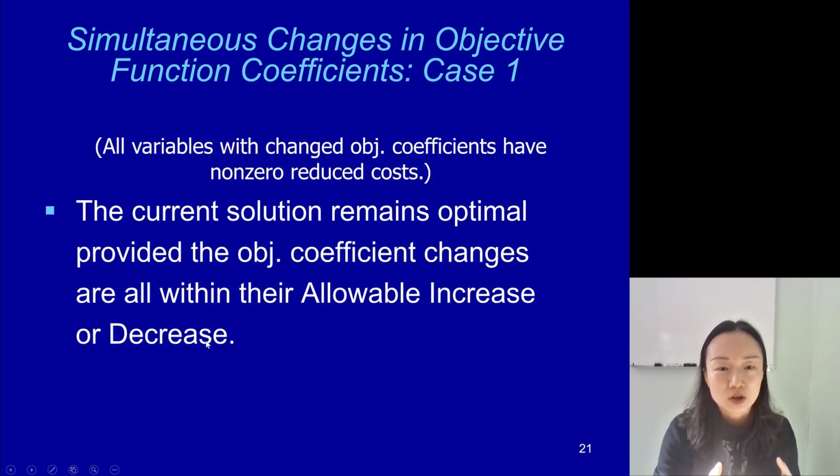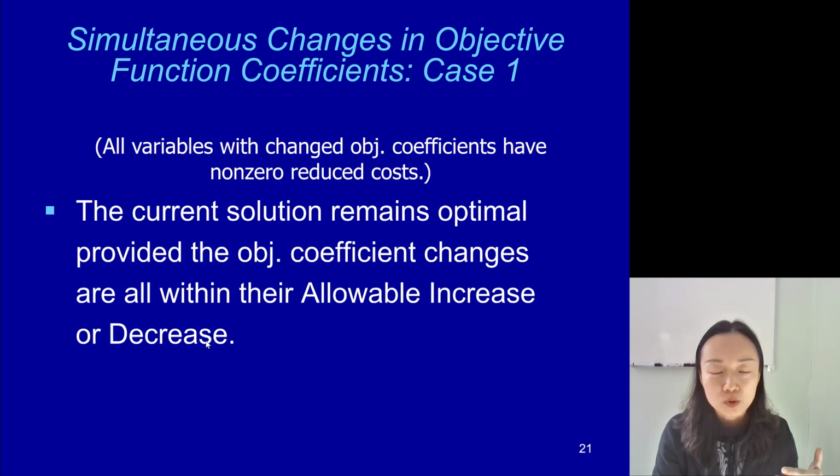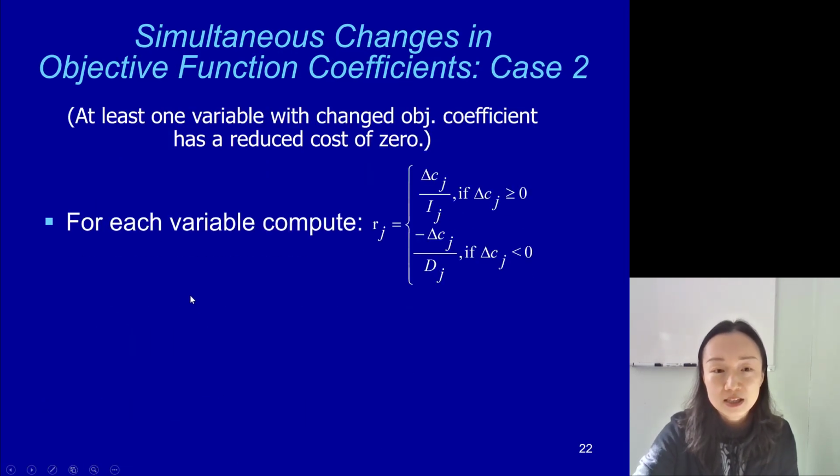If you look at the reduced cost section of that sensitivity report and you find that they are all non-zero, then as long as you change those coefficients within their allowable increase and decrease, whether you change one or more than one, if you change all of them simultaneously, your current solution will remain optimal.